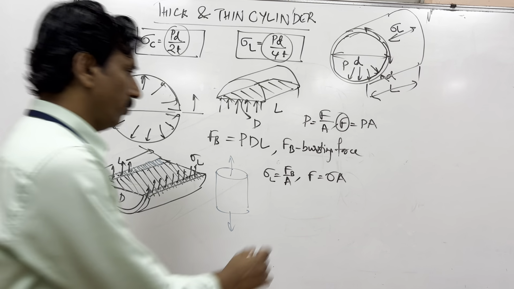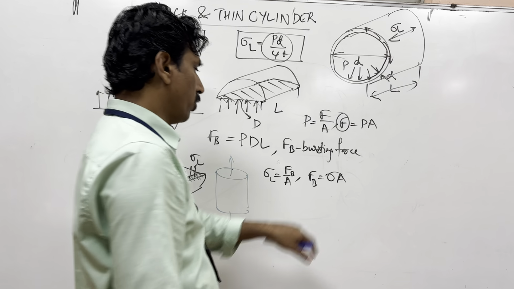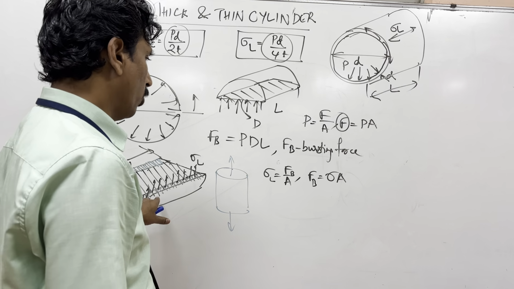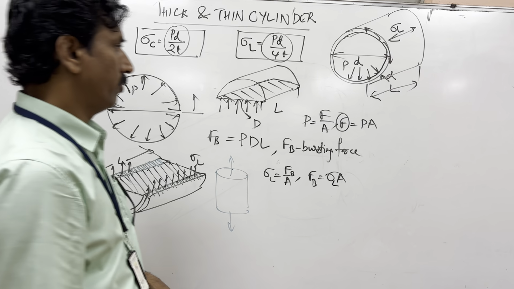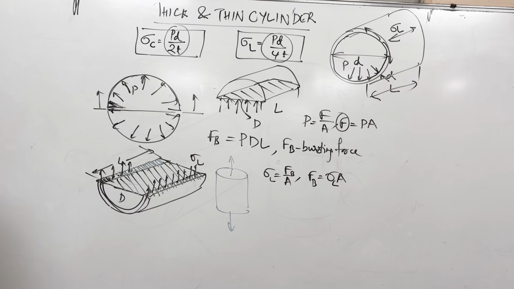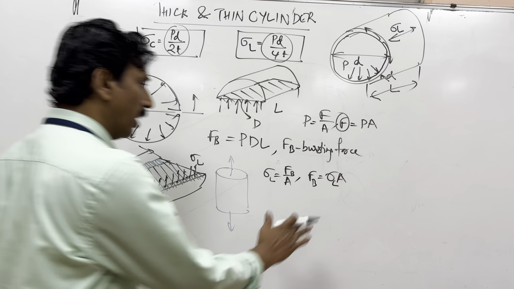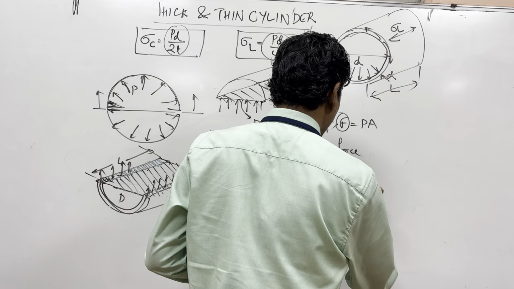So bursting force FB will be equal to sigma into area. Therefore you can write this as sigma L into A. Okay, sigma L stands for longitudinal stress.